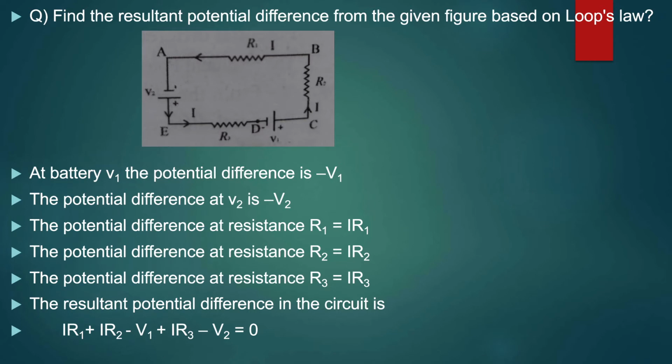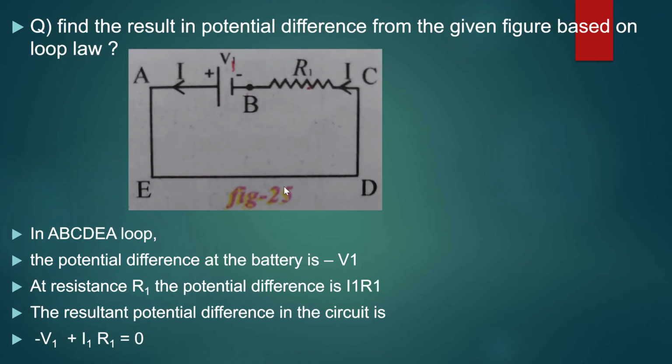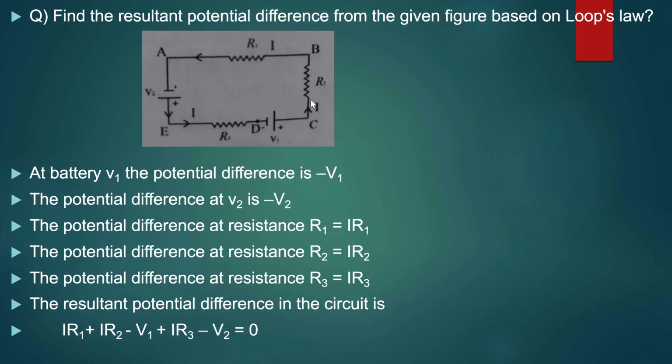Coming to the next question, find the resultant potential difference from the given figure based on Loop's law. Here you see more than two components. In our previous circuit diagram we had only two components, whereas now in this problem we have got three resistors and two batteries.